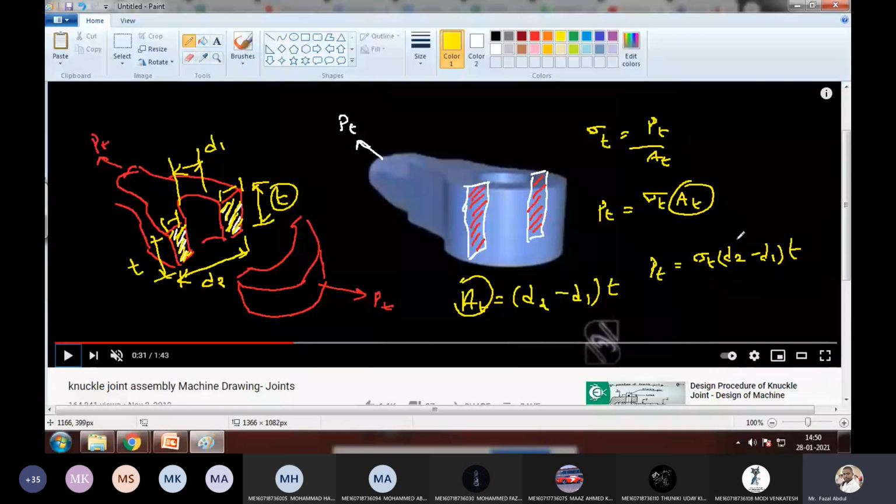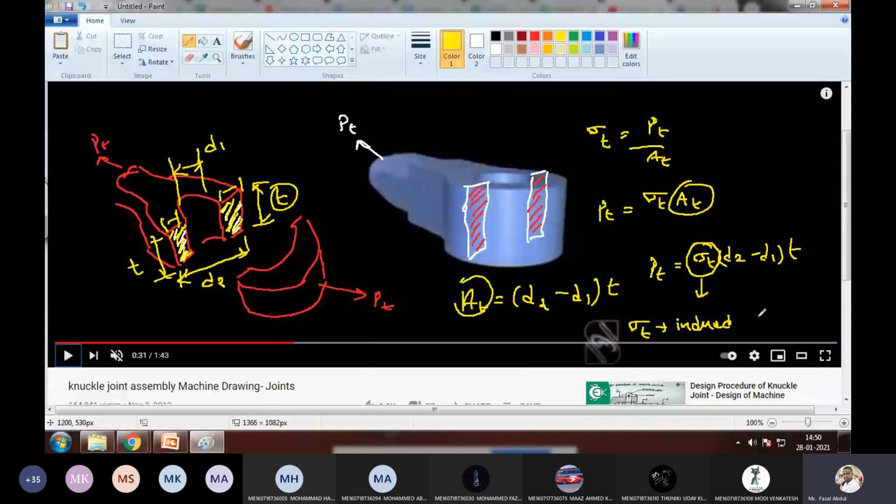Okay, so with this, sigma t is not going to be calculated, it is going to be checked. Everything is completed here. So here sigma t is going to be verified. This is known as the induced stress.